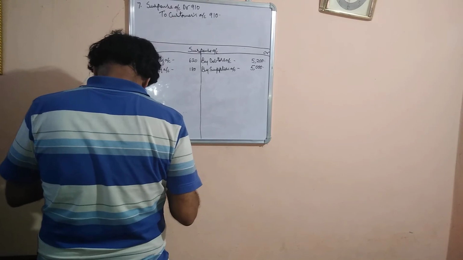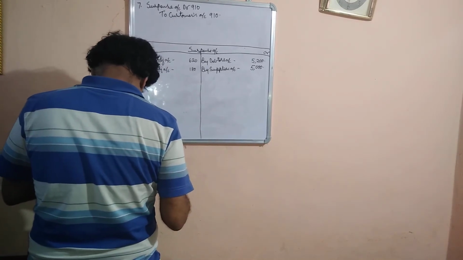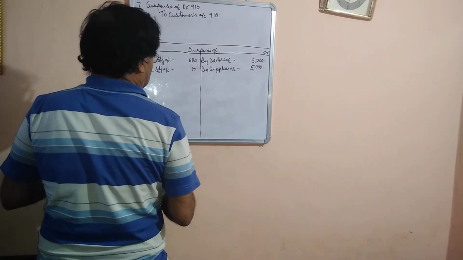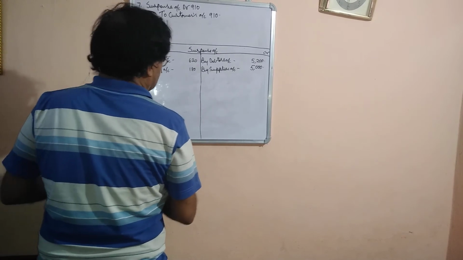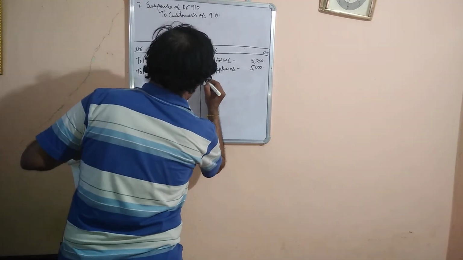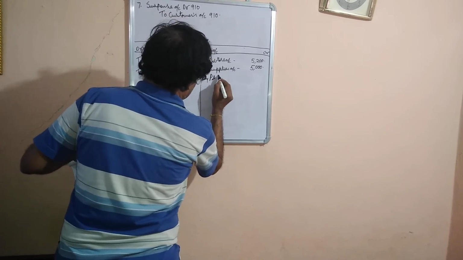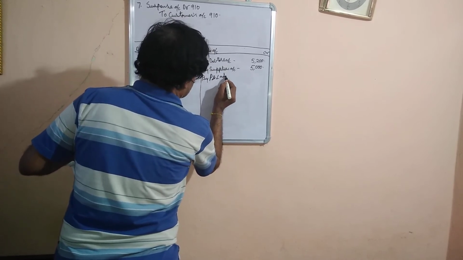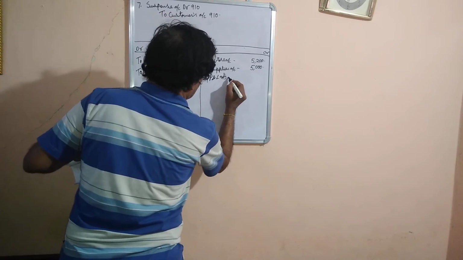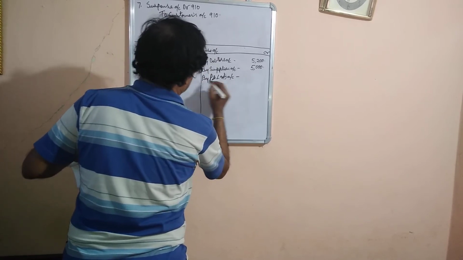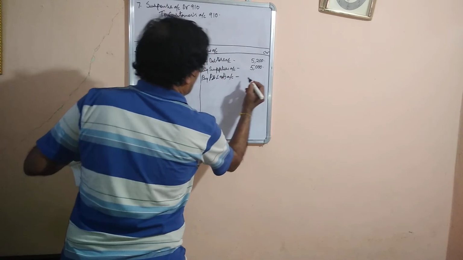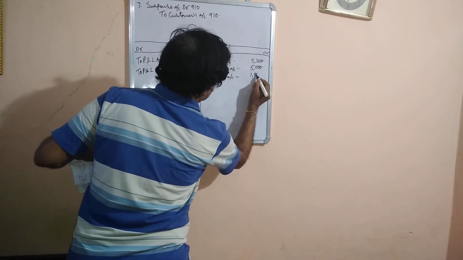Next, the first one is there: profit and loss adjustment account debit to suspense account. That we have to write now. Sorry, this must be written first: by P&L adjustment account. It must be shown first. So, 1,000.